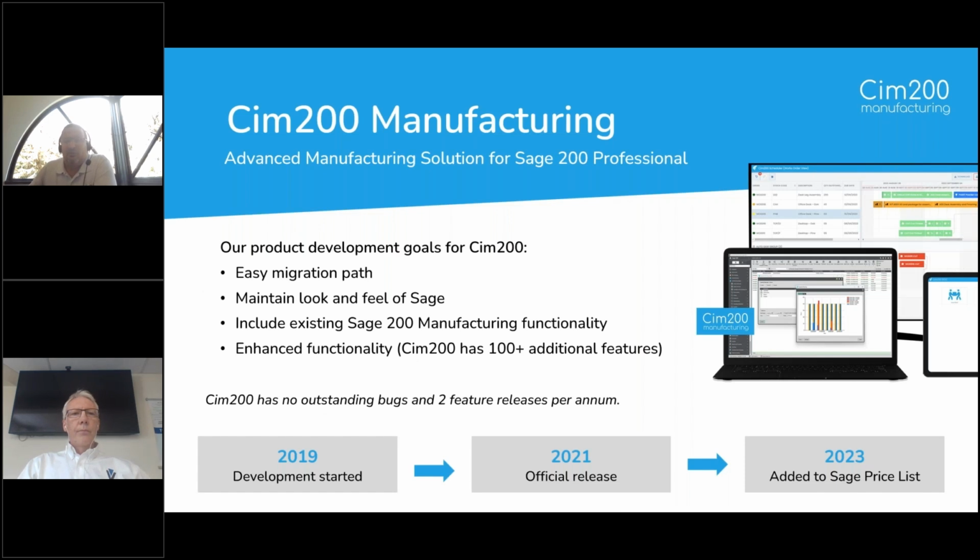Today we focus on Cim200 and especially the migration journey from Sage 200 Manufacturing into Cim200. But a little bit of history first. Development of Cim200 started back in 2019 and was released a couple of years later.